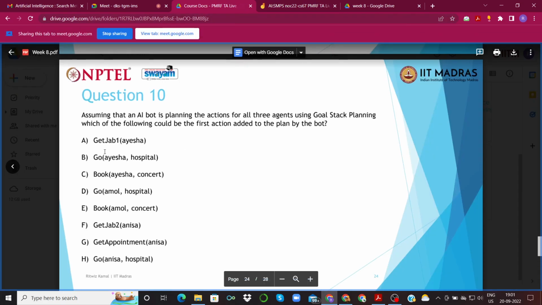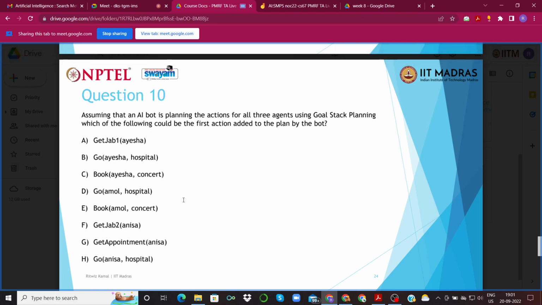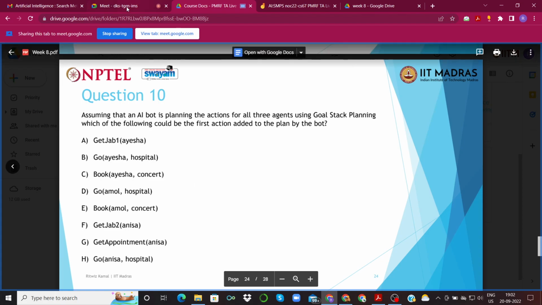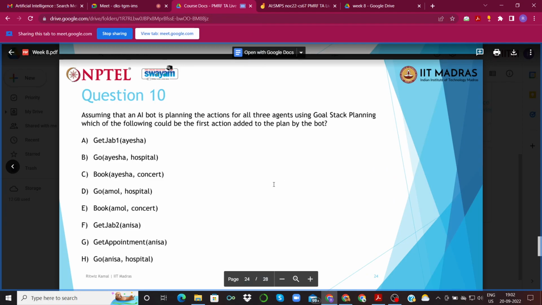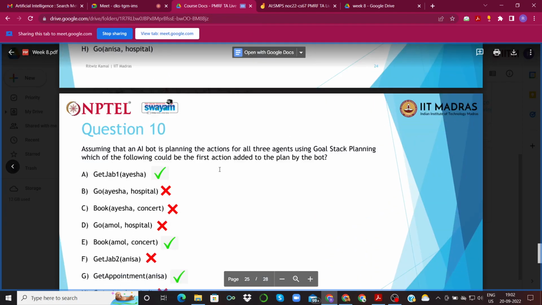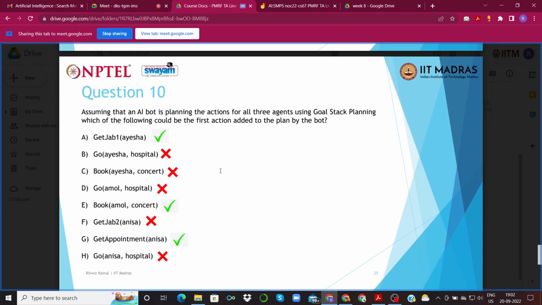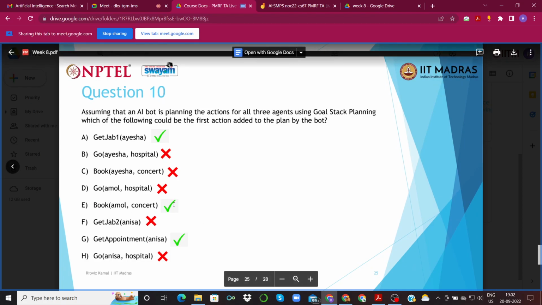The first action could be which one? Okay, we have a set of answers. Let's see. The first action that could be added for Amol is to book the ticket for the concert, right?